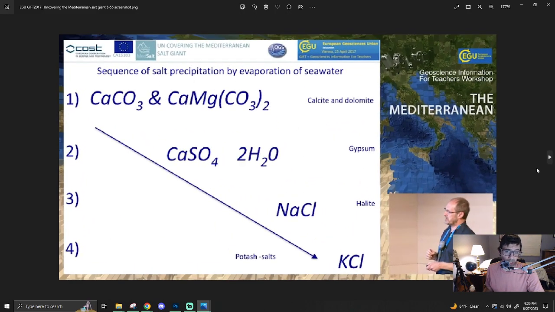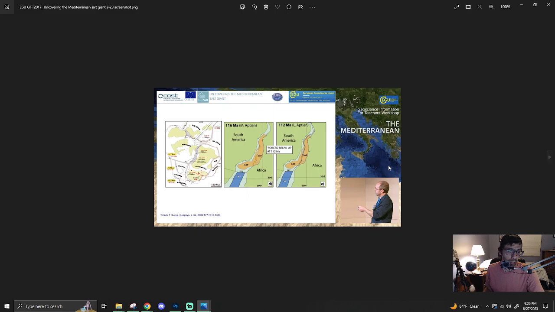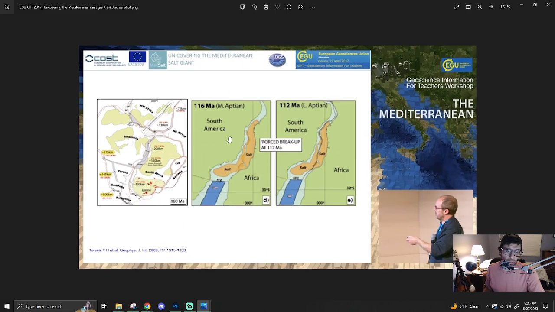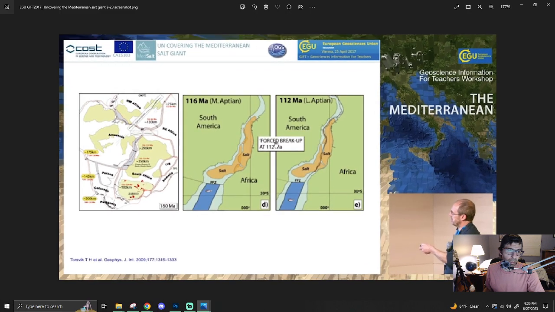Sequence of precipitation, okay. And then this one's about the salt in the Mediterranean. Oh, interesting, where the water, I guess, is draining in, it's boiling away and creating salt patches. Maybe.